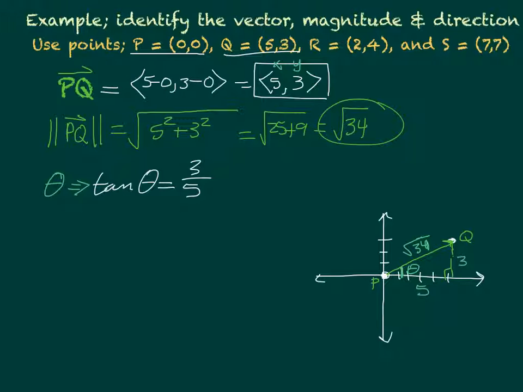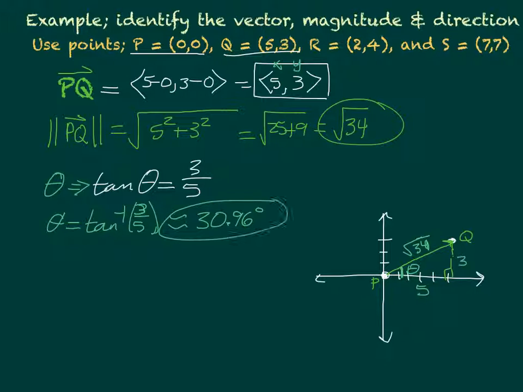Now I want it solved for theta, so theta is going to equal the inverse tangent of 3 over 5. And we kind of already talked about this. It's a little bit of a review. Now if we type that into the calculator, we get an approximation of 30.96 degrees. You're going to want to make sure that your calculator is set in degrees.